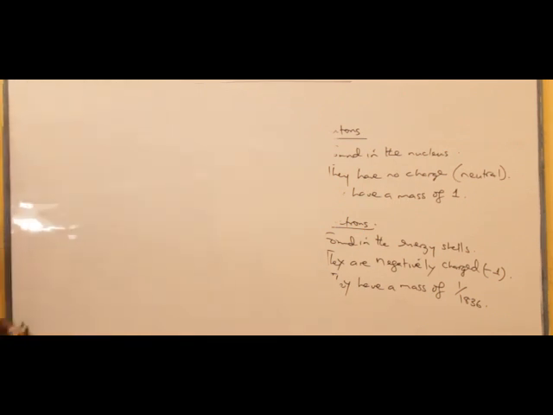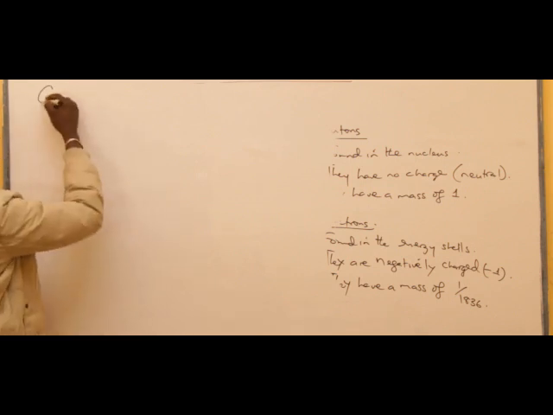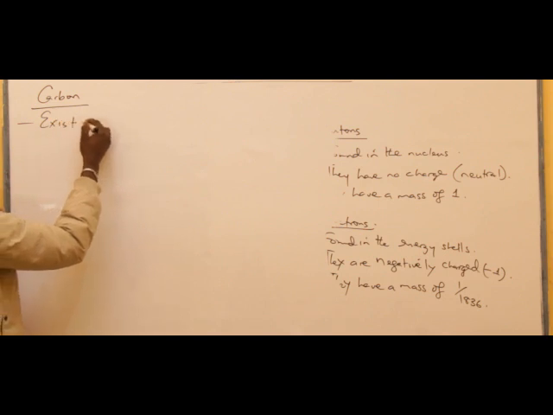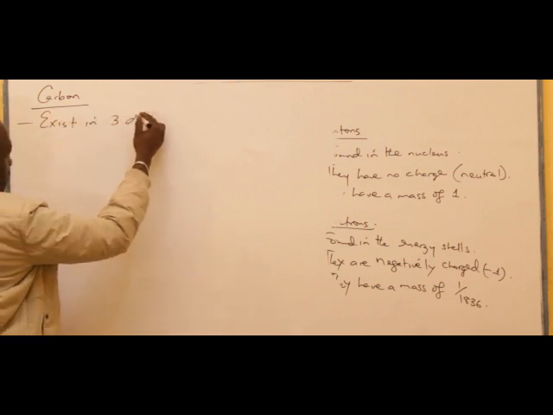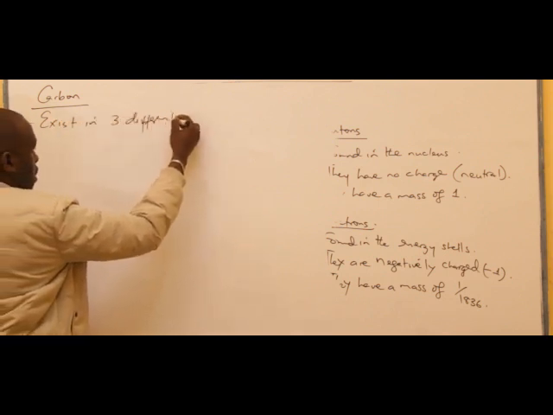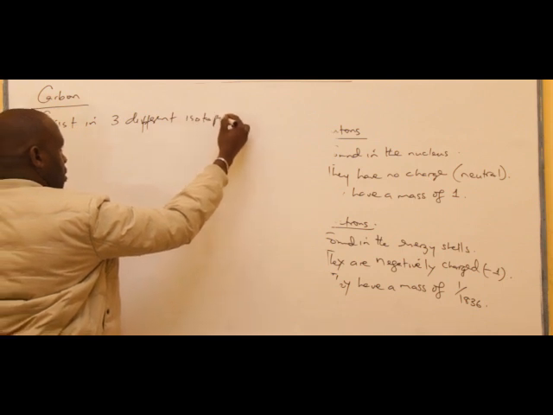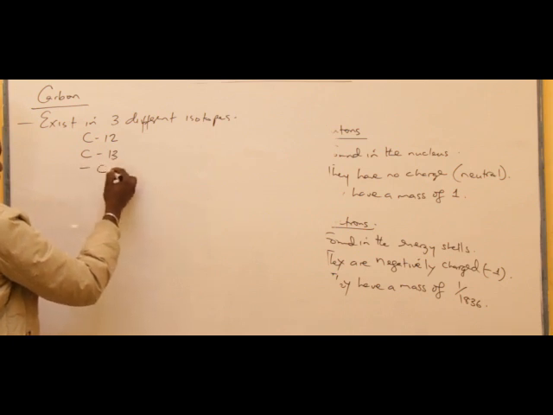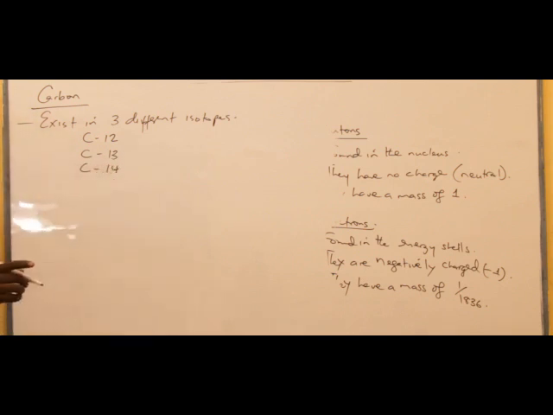Let's say I give examples with carbon. So carbon exists in 3 different what? Isotopes. I can have carbon-12, carbon-13, and carbon-14. All of them are atoms of the same element.